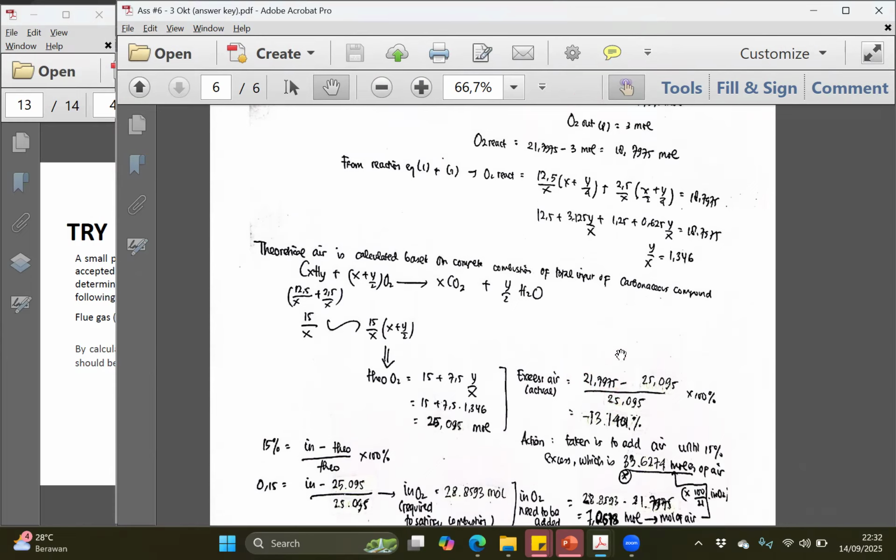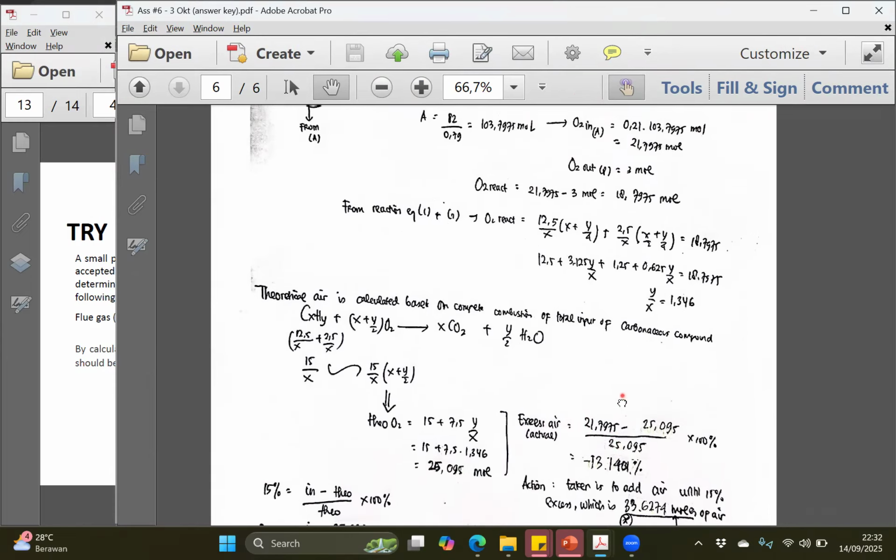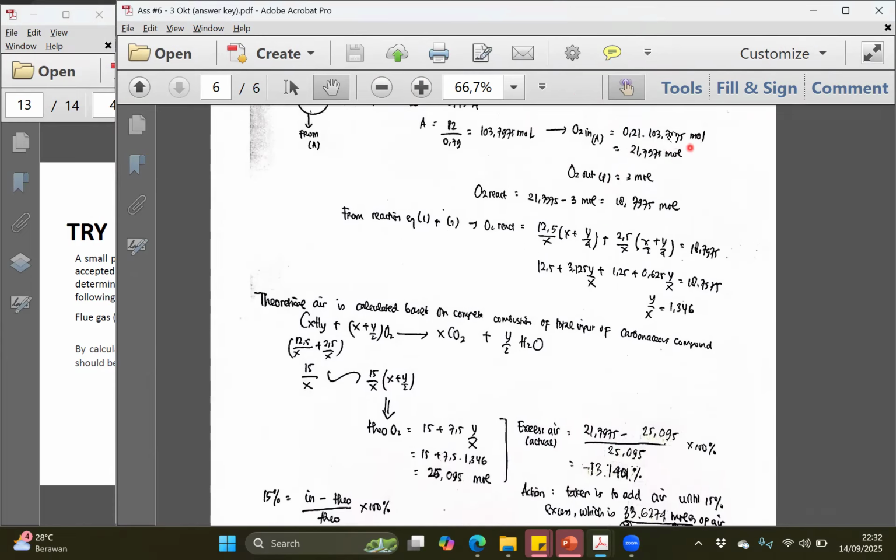Based on the calculation before, the input oxygen is 21.8 moles and the theoretical is 25.1 moles. I will use the equation for XSR: input minus theoretical over theoretical times 100%.